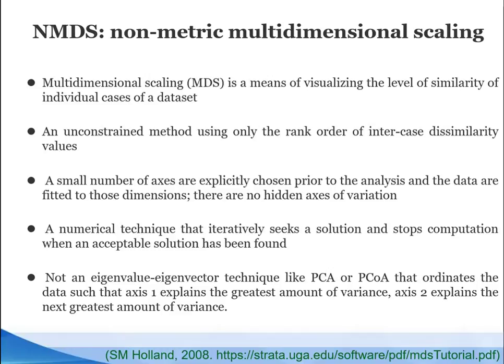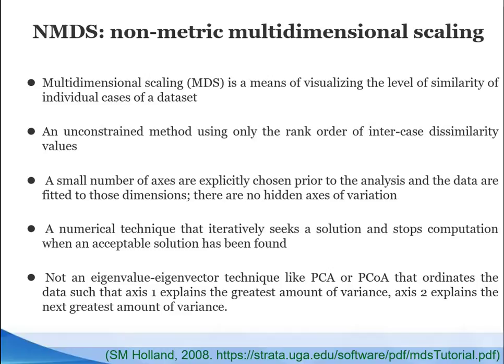Multidimensional scaling is a means of visualizing the level of similarity of individual cases of a dataset. It is an unconstrained method, using only the rank order of intercase dissimilarity values.